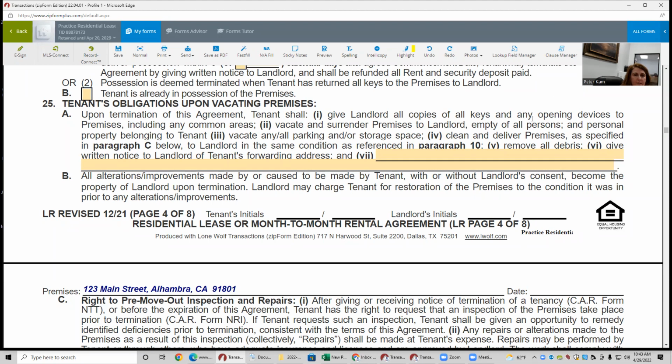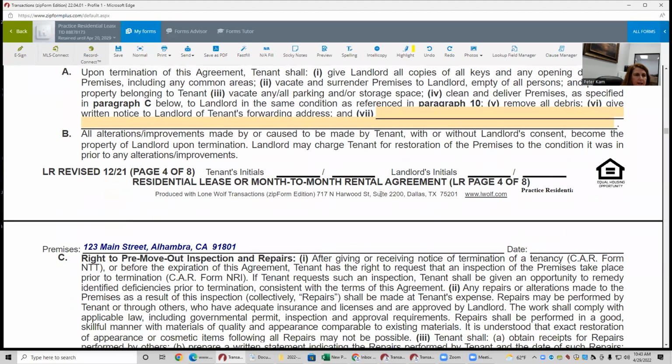Clean and deliver the premises to the landlord in the same condition as it was delivered to the tenant. Make sure you're not leaving debris on the patios. Give the written notice to the landlord of tenant's forwarding address. So when the tenant is giving notice, make sure that they are supplying the landlord with the forwarding address. This will help with returning deposits and things of that nature.